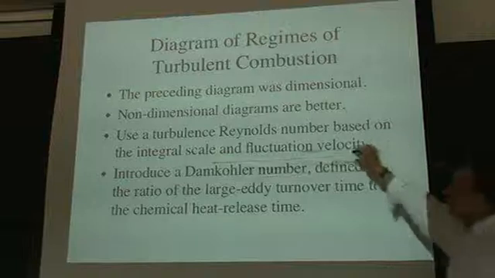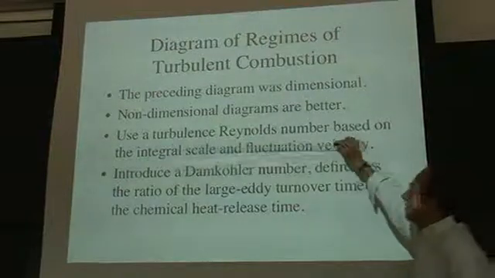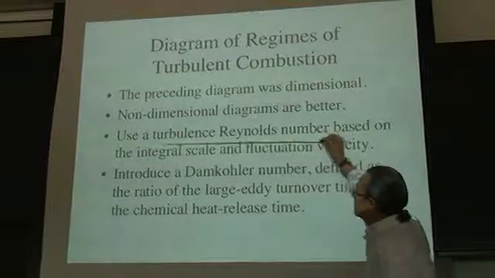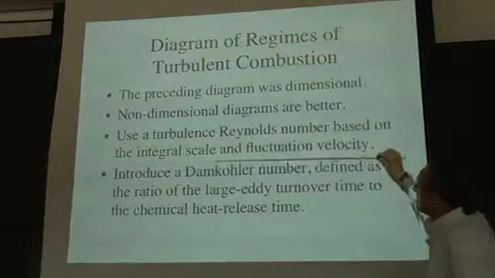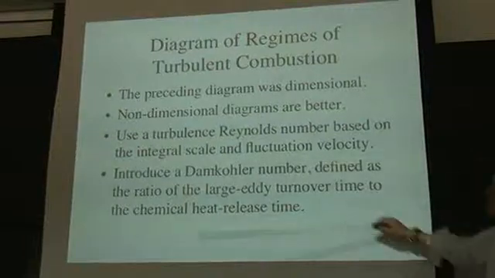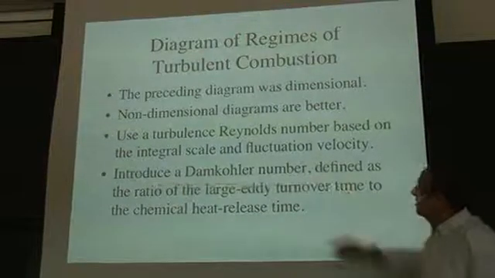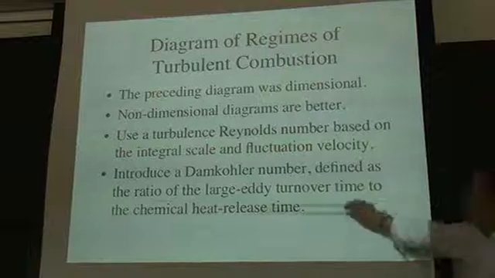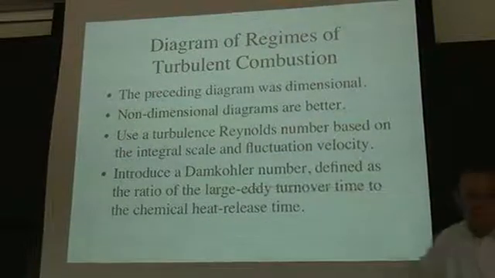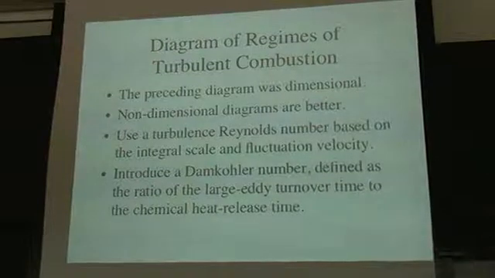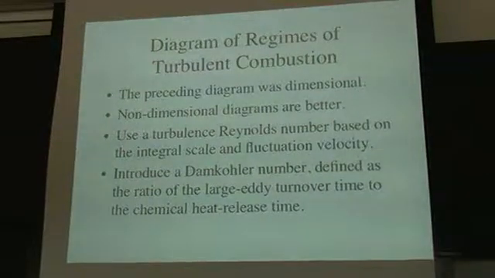And so, as some of you saw, you were here on Monday, I suggest Reynolds number based on integral scale of turbulence and root mean square fluctuation velocity as a horizontal axis, and a Damköhler number based on the ratio of a large eddy turnover time of the turbulence to the overall chemical heat release time as a vertical coordinate in a regime diagram.